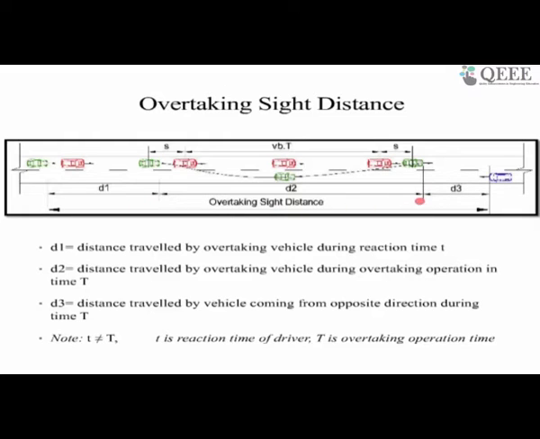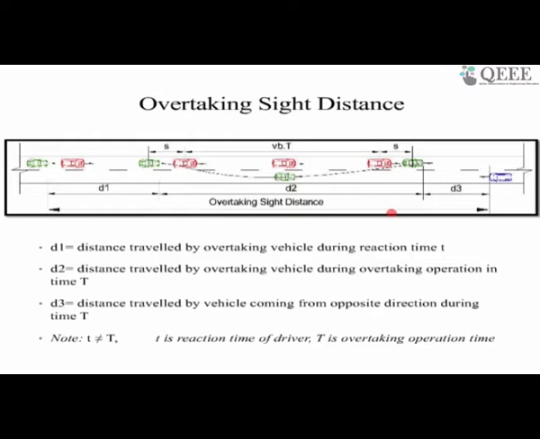Once it completes that process, you also need to ensure that the vehicle coming from the opposite direction is also traveling a certain distance. This distance is D3. D3 means then it will actually be on the safe side. It is not going to collide with the blue vehicle. So this becomes your overall minimum overtaking sight distance.